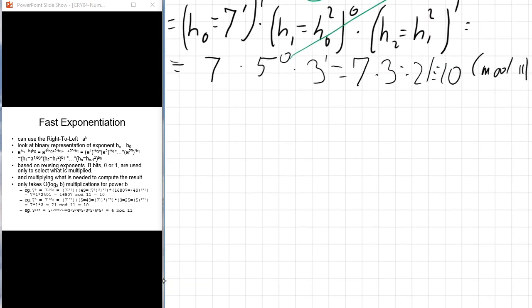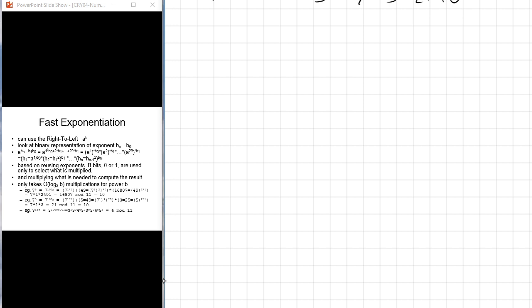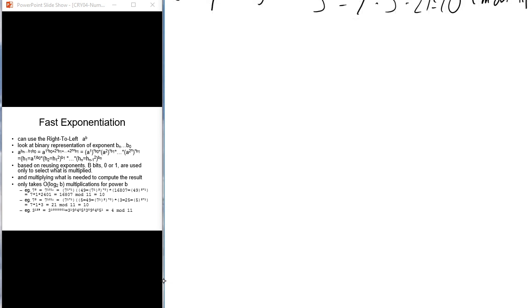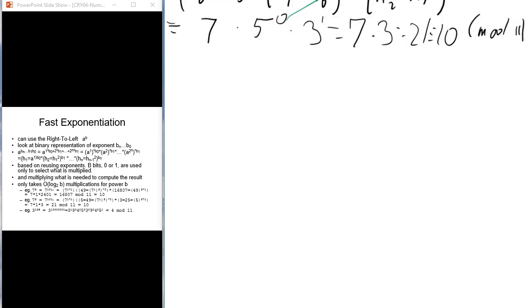There's a second example in the slide that we are using for reference here. So this is for 3 power 129.